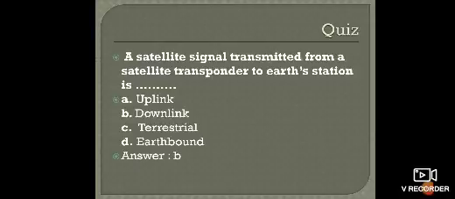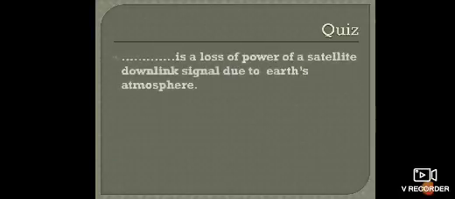Okay, a downlink is the correct answer for this. And the next question is, dash is a loss of power of a satellite downlink signal due to Earth's atmosphere. That means, what is a loss of power of a satellite downlink signal due to Earth's atmosphere?